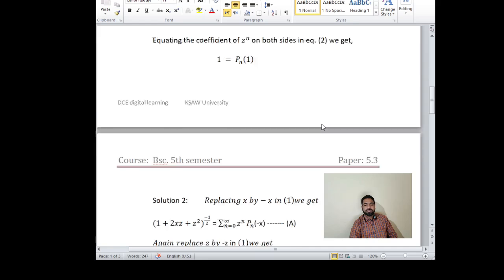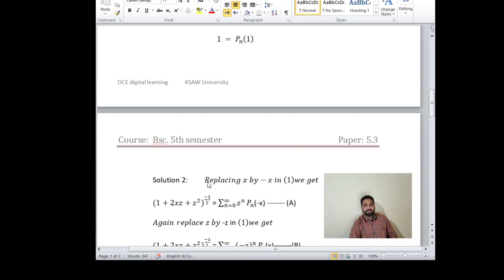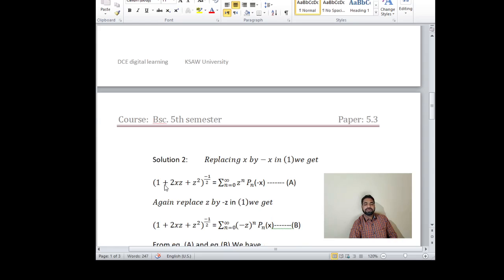Now we move on to the second solution. Here we replace x by minus x in equation 1. This gives equation 1 now becomes 1 plus 2xz plus z square whole raised to minus half, which is equal to sigma n runs from 0 to infinity z raised to n Pn of minus x.